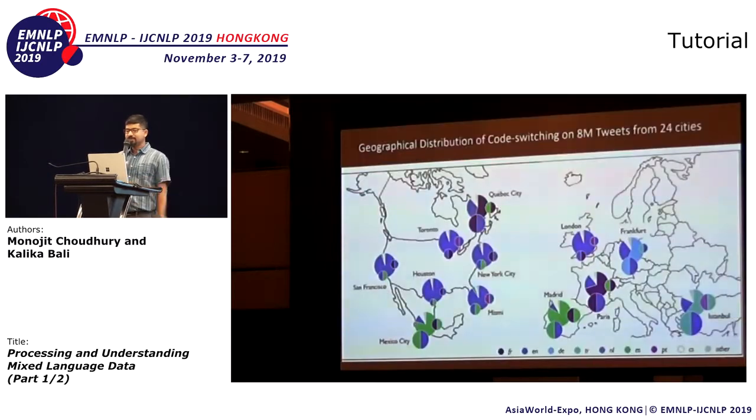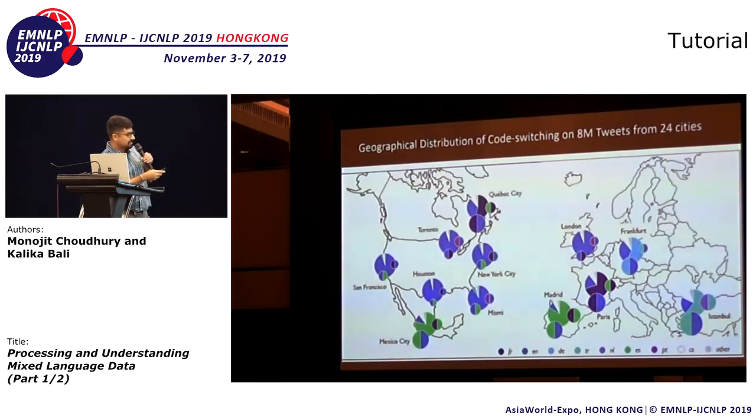And then we did an analysis city-wise, of in which geographies code switching happens more. So the way to read this graph is each pie has different colors for different languages. There's a white portion, a missing portion of the pie, which is the code mixed part. So the bigger the missing portion, the white wedge, the more the code switching.